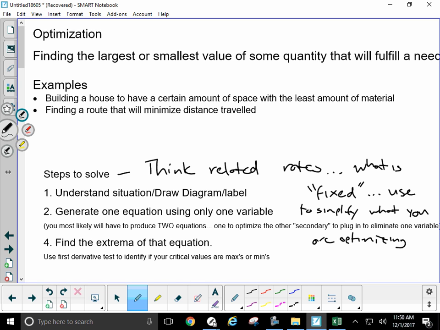What is fixed? Use that to simplify what you are optimizing. Let me show you.